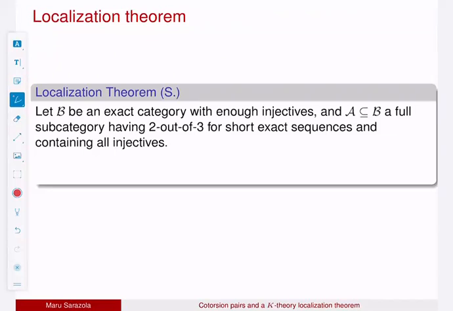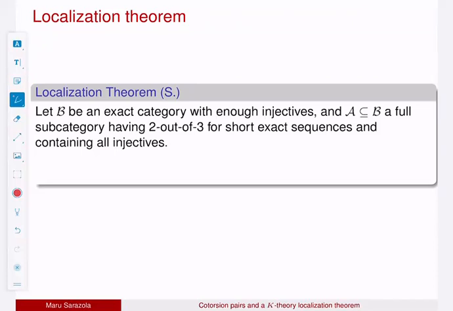So let's see exactly what that's going to look like. The statement of the theorem is now going to be: let B be an exact category with enough injectives, and take a full subcategory A having 2 out of 3 for short exact sequences and containing all injectives.